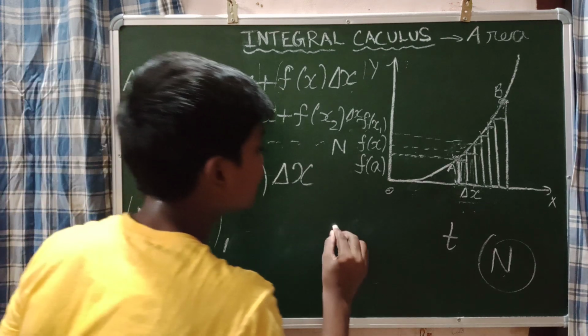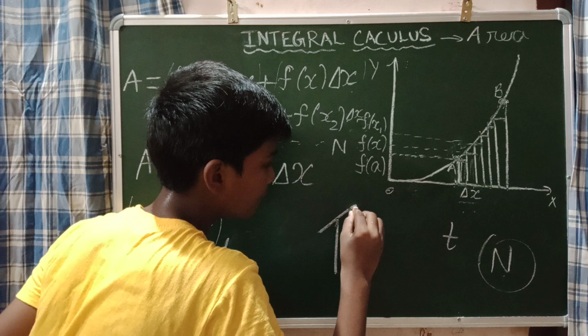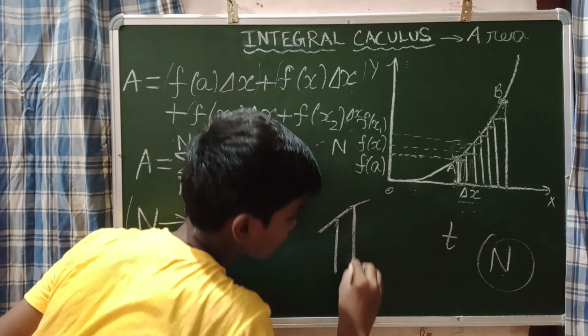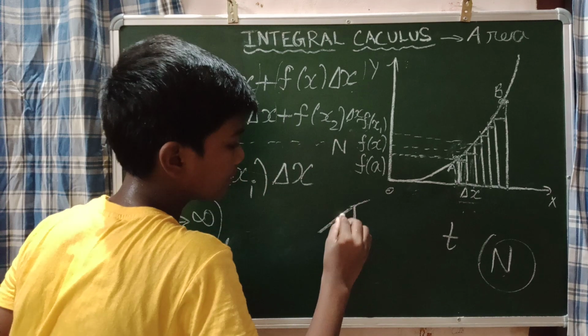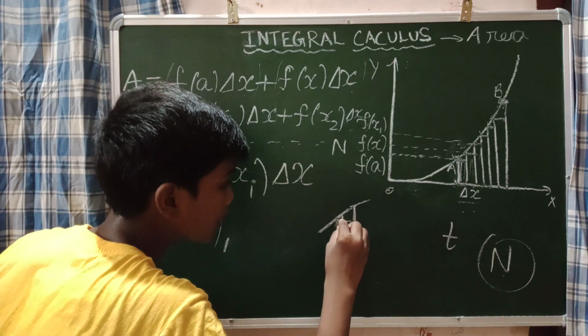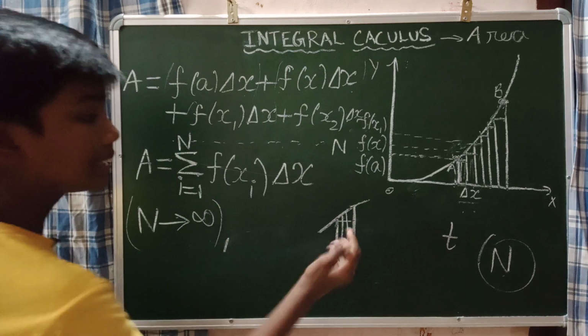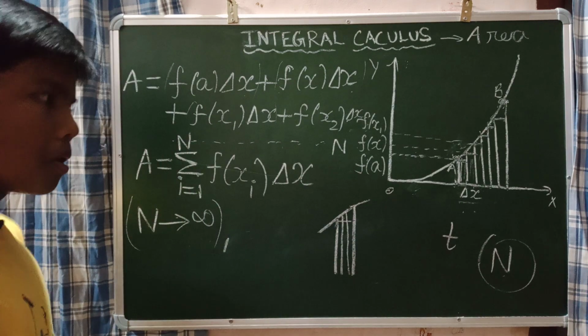When this n tends to infinity, a very important thing is there. This is a strip now. When we increase the n number of elements, it becomes like this, and the triangle becomes minimized.